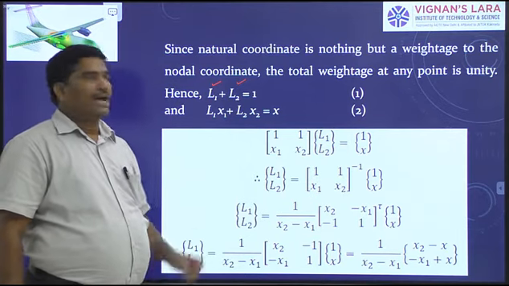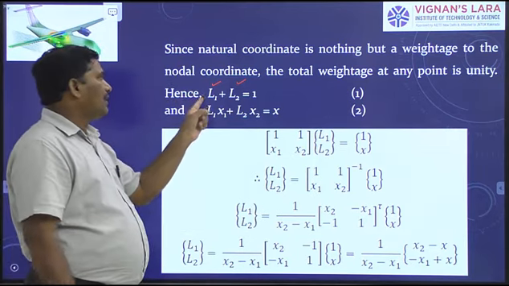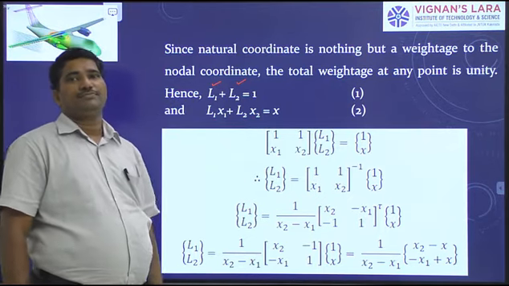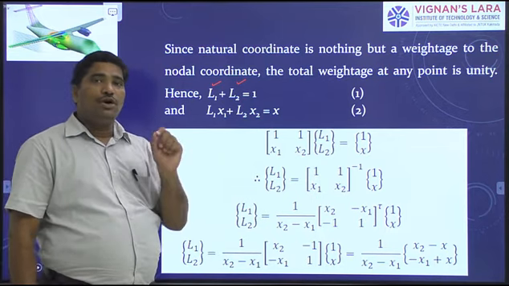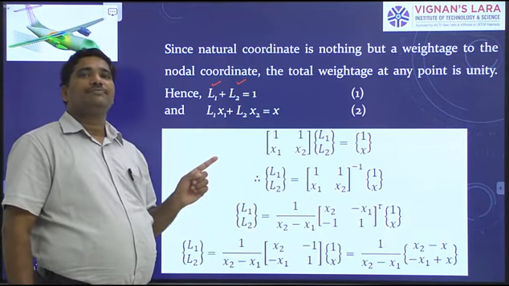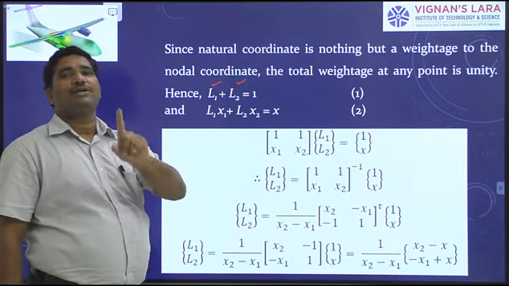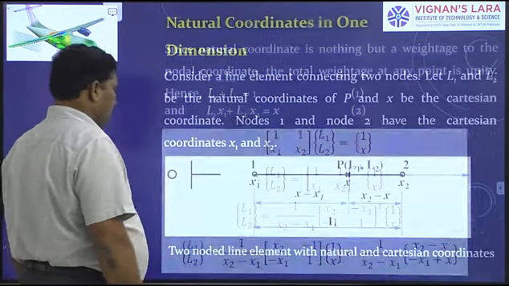Natural coordinate never exceeds unity. If L1 is unity, L2 is 0. That is what I said. If the value of the natural coordinate at one node is unity, it is 0 at the other node because the sum of the natural coordinates is unity.